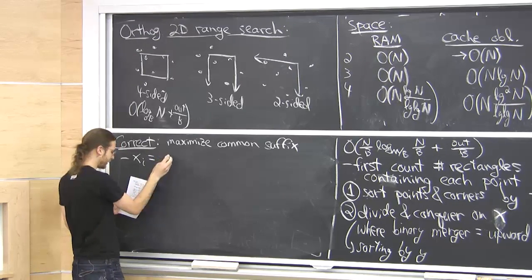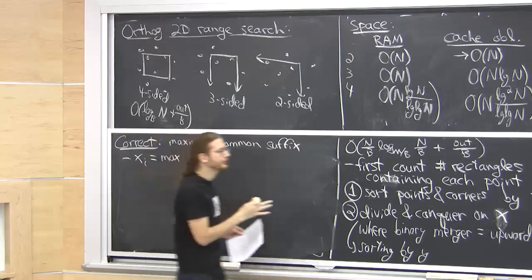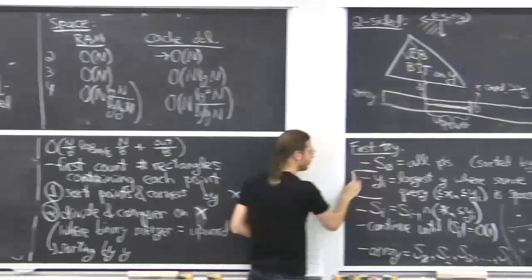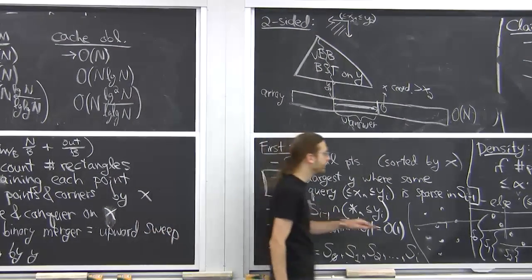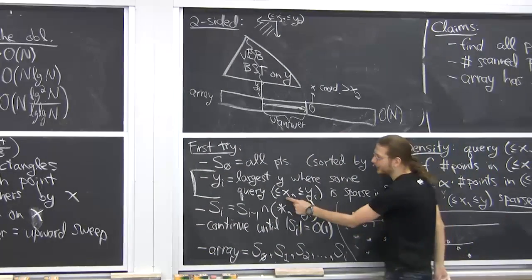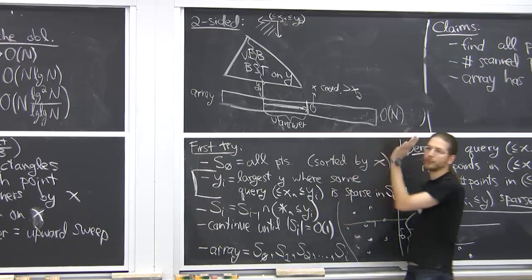So xi is going to be, so we had a yi. That's going to be the same as before. This is why I did the first attempt. This definition remains the same. So largest y, where we have some sparse query in Si minus 1. I want to look at what that x coordinate is. Here it says there's some x.